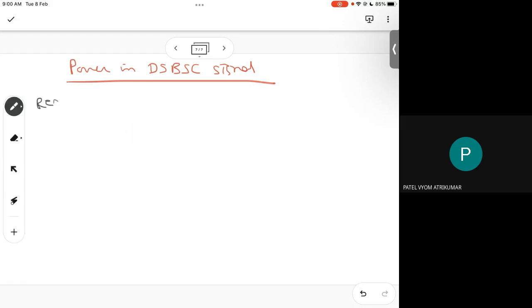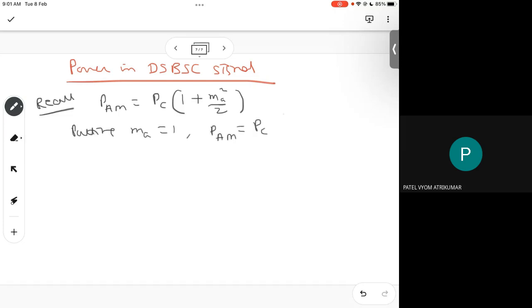What we have seen: P_AM is equal to P_C (1 + m_a squared by 2). If I put the best case, which is m_a equal to 1, P_AM is equal to P_C (1 + 1 squared by 2), that means 3 by 2 P_C.